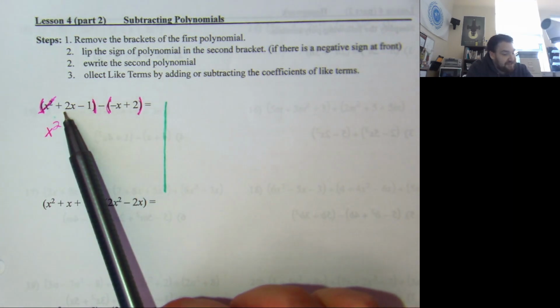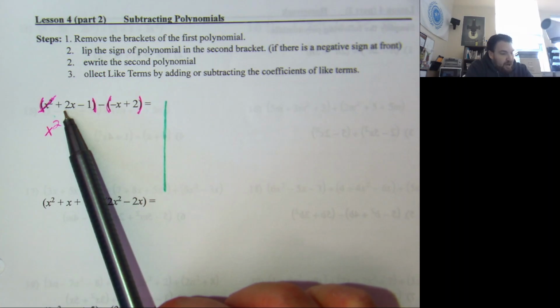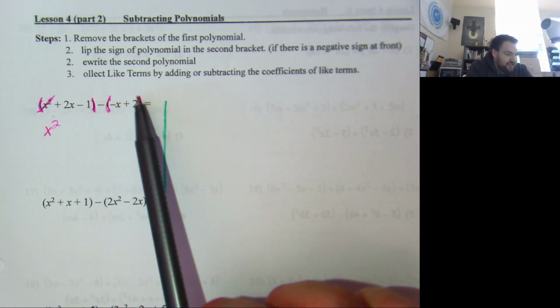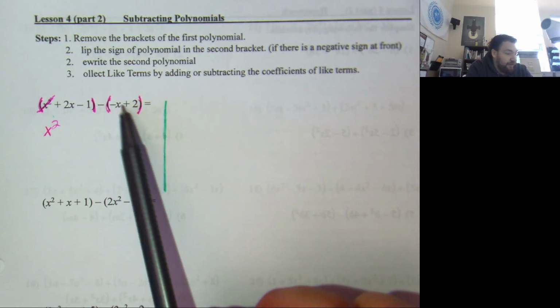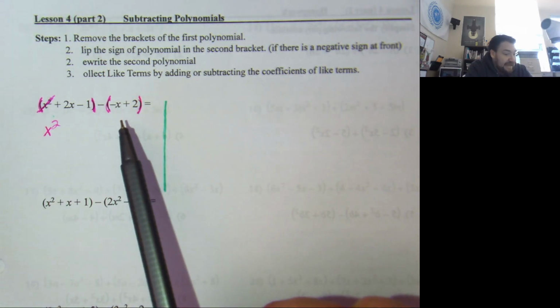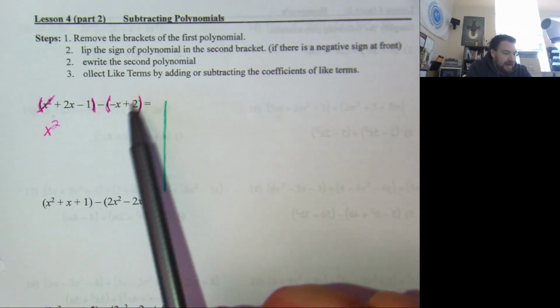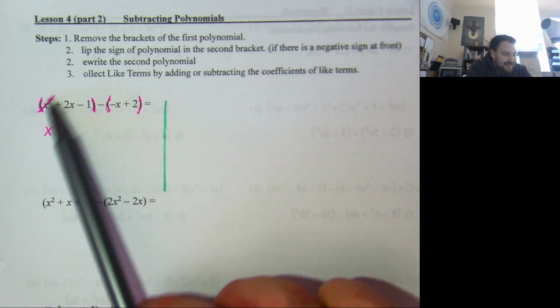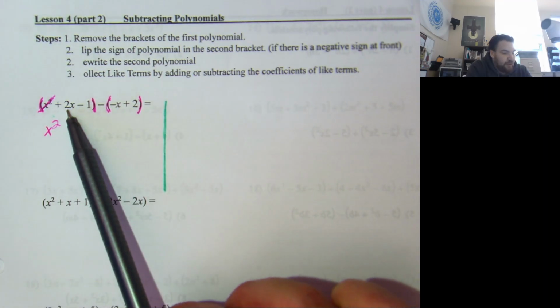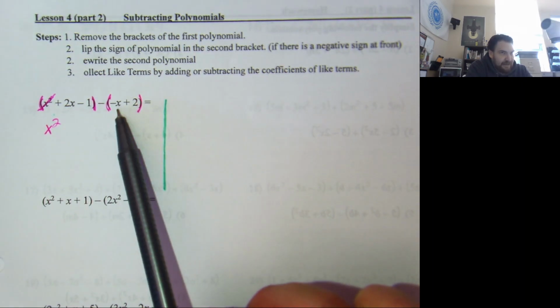I've got a plus 2x here. Are there any x's, just x's, no exponent or an exponent of 1, over here? Yes, I've got a negative x here. And so let's think about what's going on. I'm taking away this whole polynomial from this whole polynomial. So I've got 2x minus negative x.